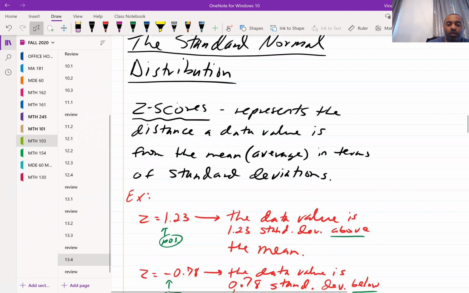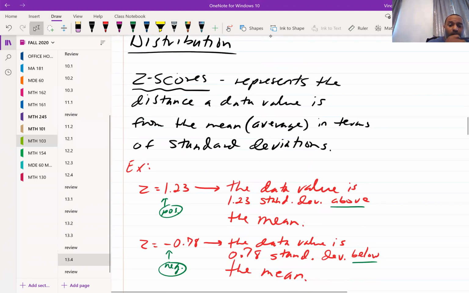So if we talk about what your z-scores mean, if you have a positive 1.23, that means your data value is 1.23 standard deviations above the mean because it's positive. If it's negative 0.78, the data value is 0.78 standard deviations below the mean, which is below because it's negative.